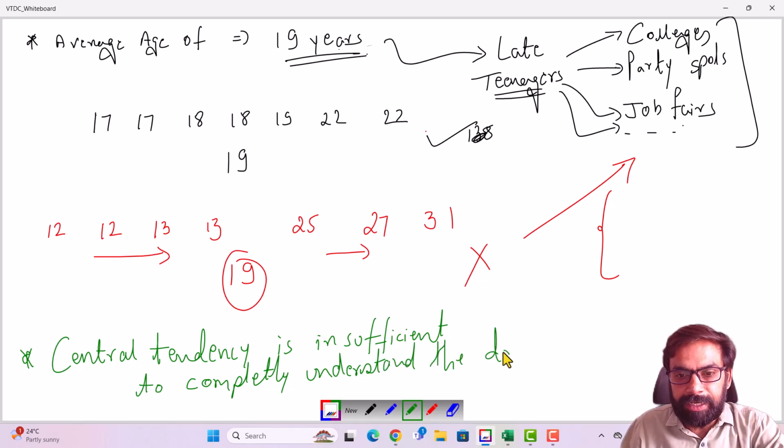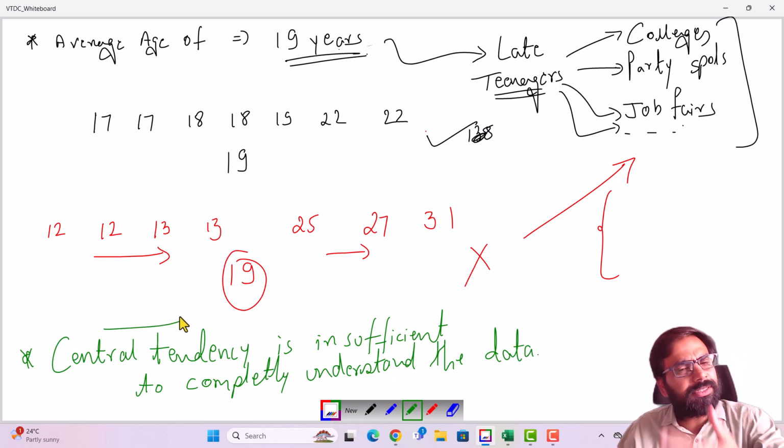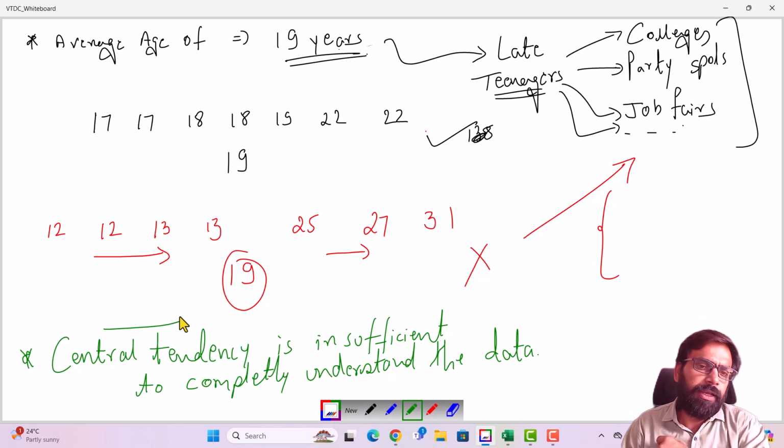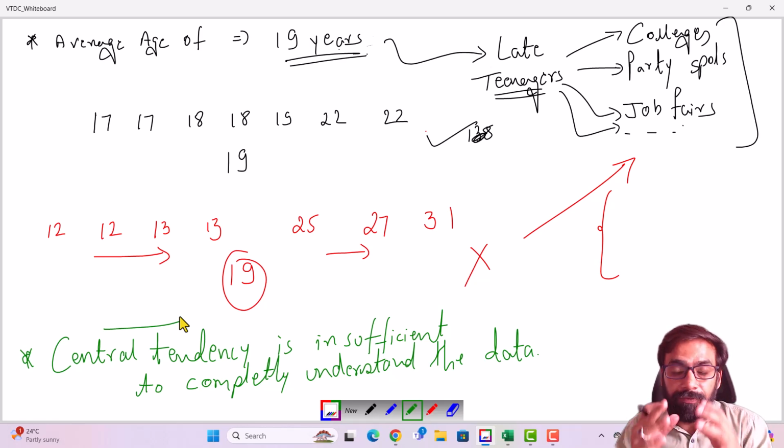I'll make the statement. I think it's a safe statement to make that central tendency, be it mean, the same applies to median as well, right? So mean, median or mode alone is insufficient to comment upon or to give me a very decent and very good understanding of the data.